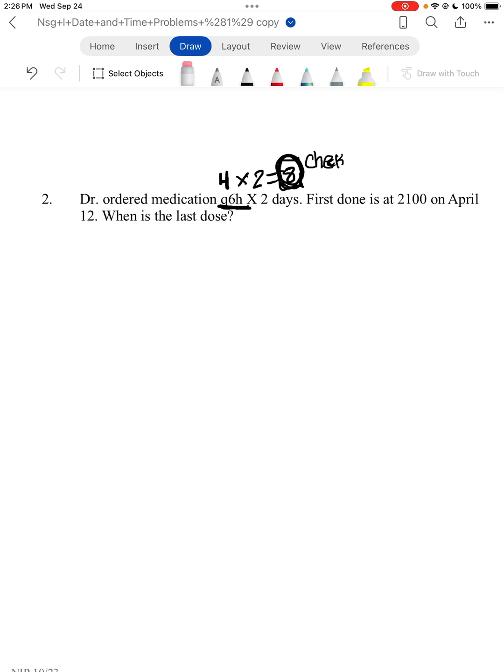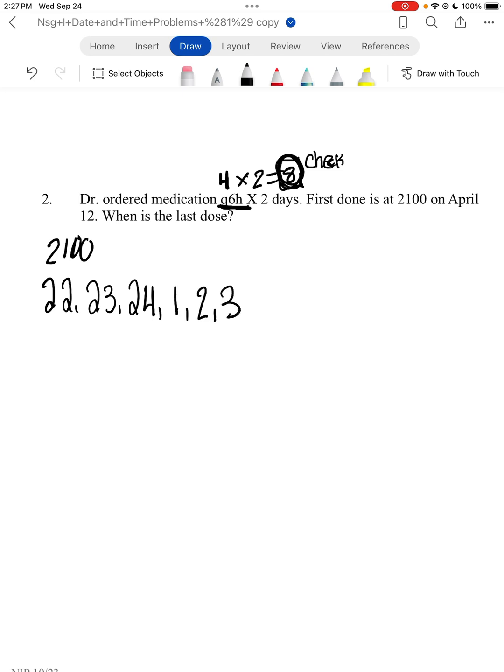So the last dose was at 2100. Now we need to do it for every 6 hours. So we do 22, 23, 24, 1, 2, 3.